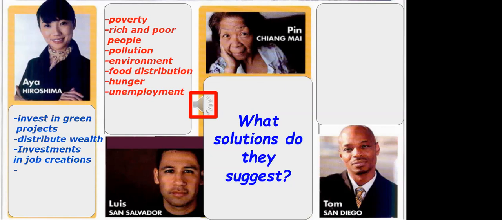There are enough wealthy countries to solve it. I just wish I knew what to do about it. Tom from San Diego. There are so many unemployed people, especially with the economy the way it is right now. I wish the government would do something to reduce unemployment and create new jobs. I hope they put more investment in job creation.